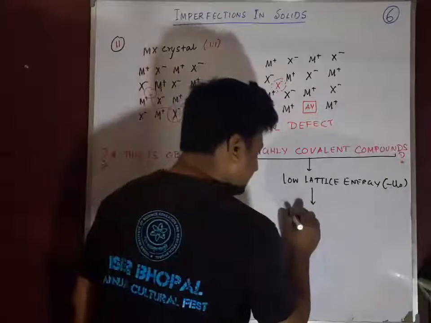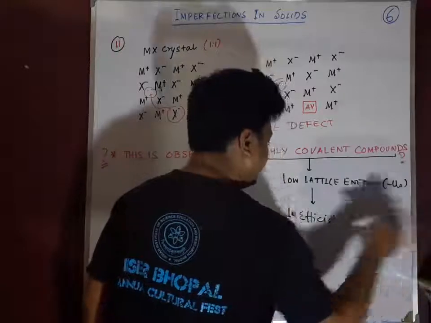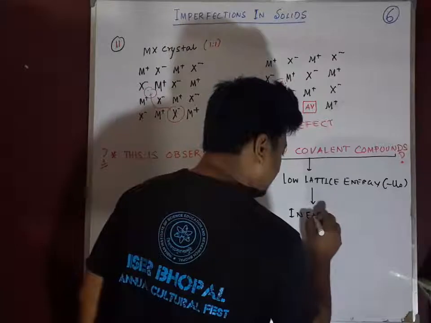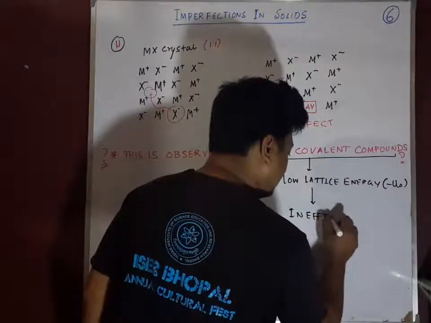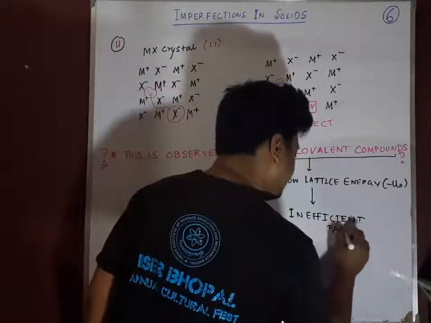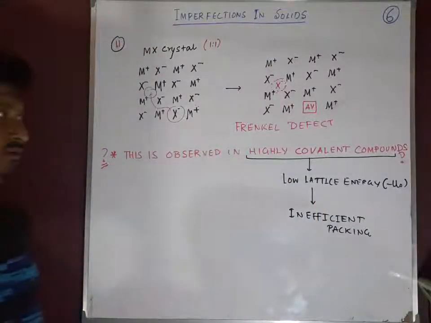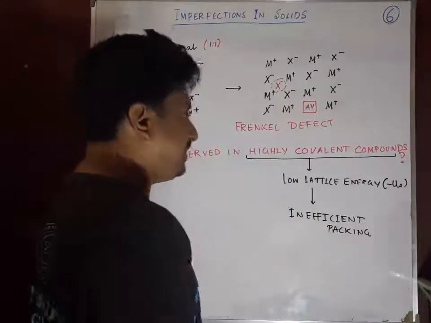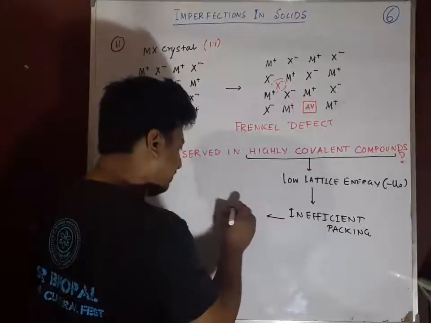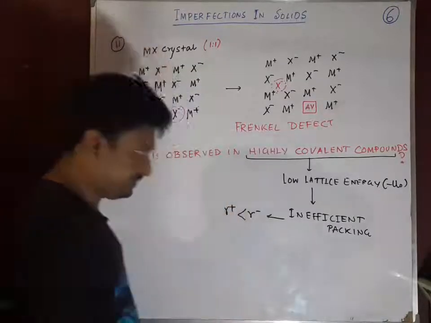Inefficient packing, right? Now if inefficient packing, that means your R plus is less than R minus.